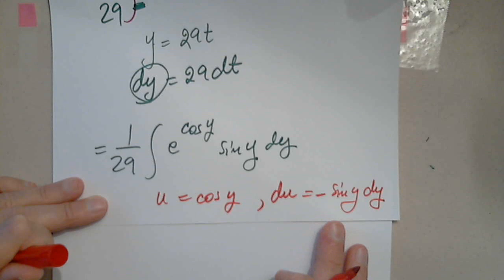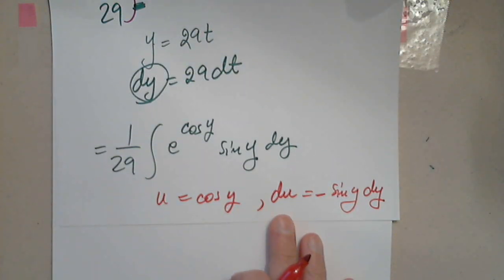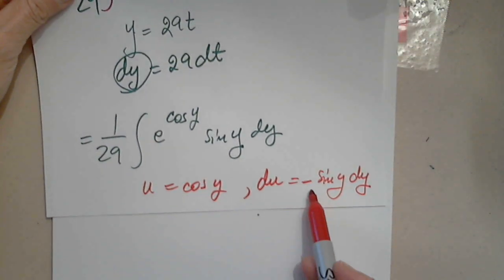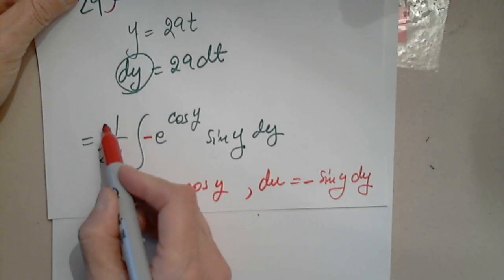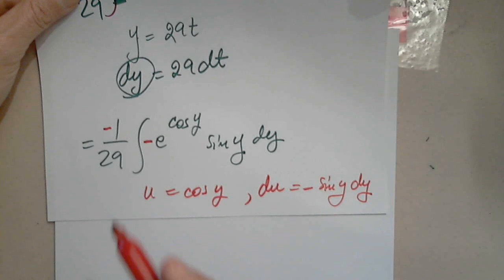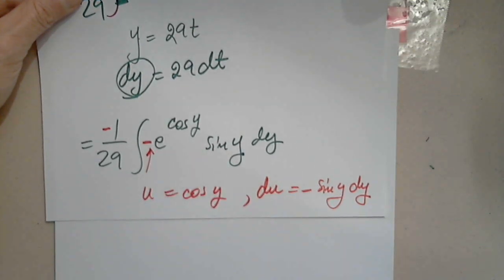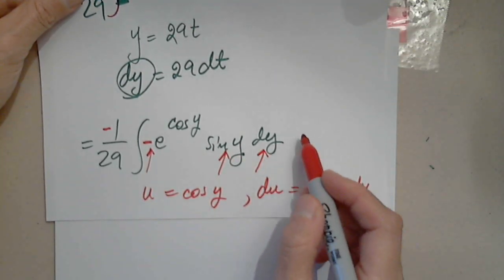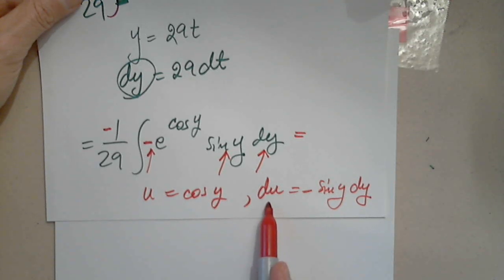Because it's du, it's not a derivative, it's a differential. So I only have to make up a negative sign, not a problem. I multiplied twice by -1. And now this piece and this piece and this piece are all together in du.